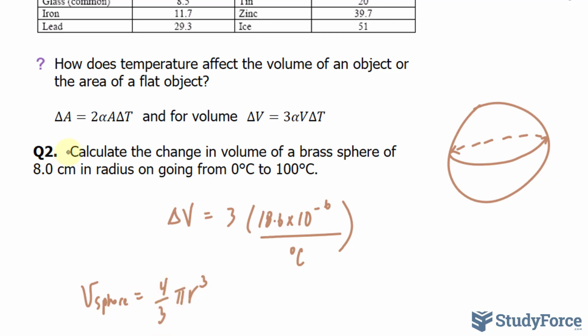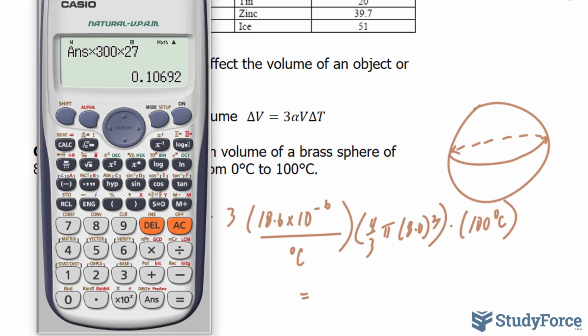So we have been given the radius being 8.0, and you can leave that in centimeters, it doesn't really matter. So I have 4 over 3 pi 8.0 to the power of 3 times the change in temperature being 100 degrees Celsius. Okay, let's use our calculator.